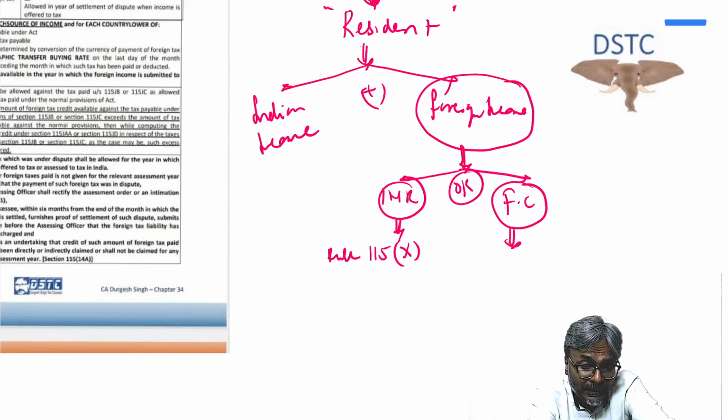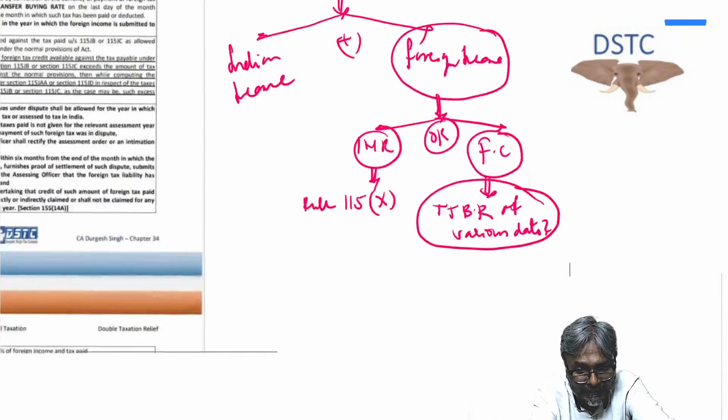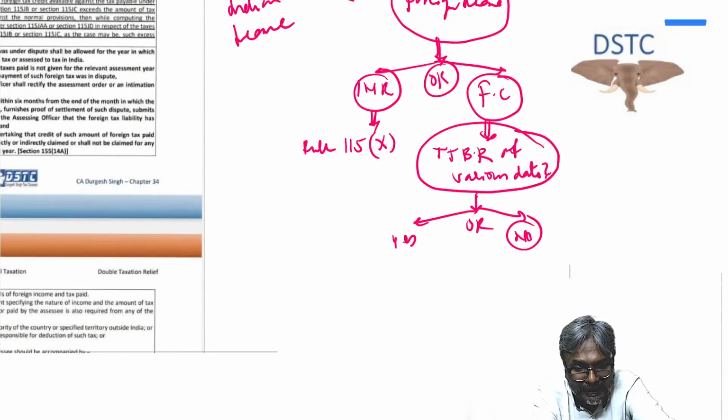If it is in foreign currency, check whether the TT buying rates of various dates are given. The answer could be yes, or it could be no. If the answer is no, what does it mean?